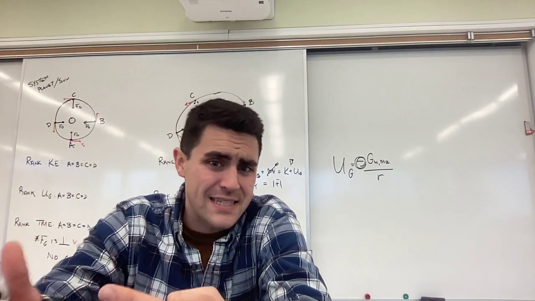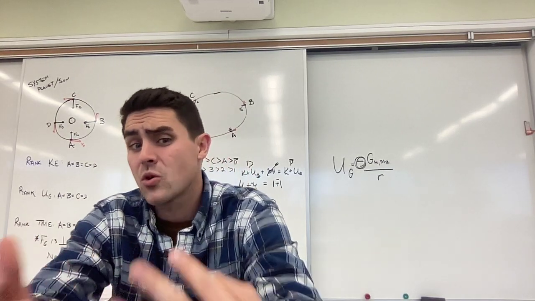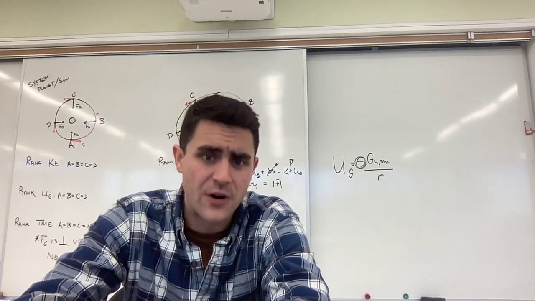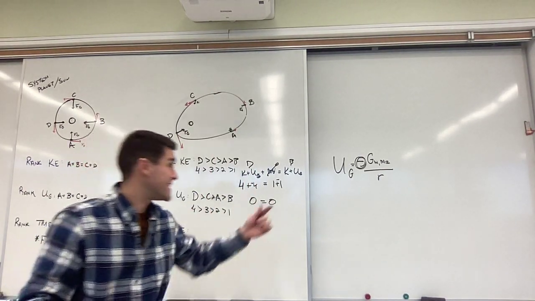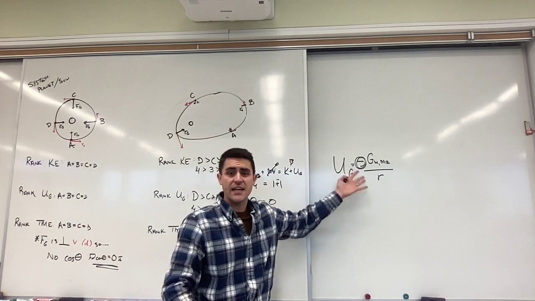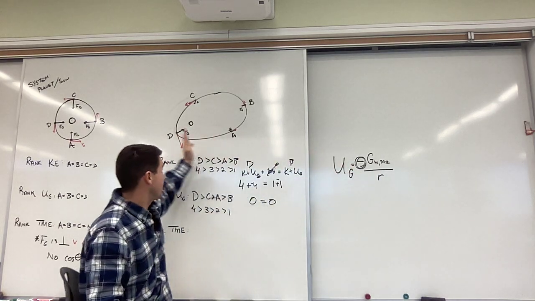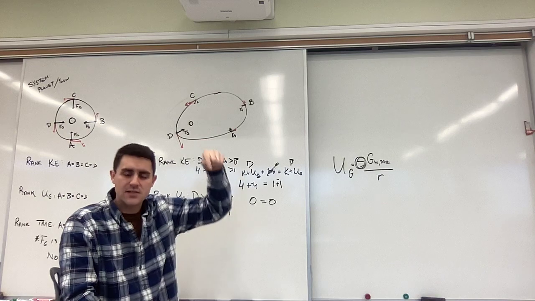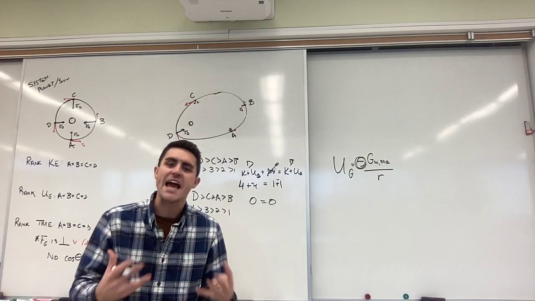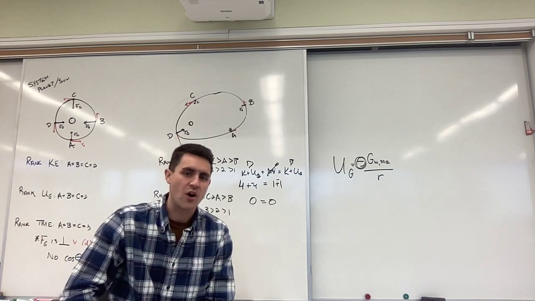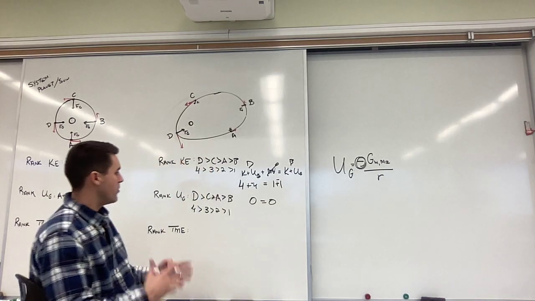Anything less than 0 in terms of scalar quantities is very, very small. Energy does not have a direction, so this negative means less than 0. UG, as it gets closer to the planet, is still decreasing. It's getting bigger in the negative portion of our number line. This is how this works.